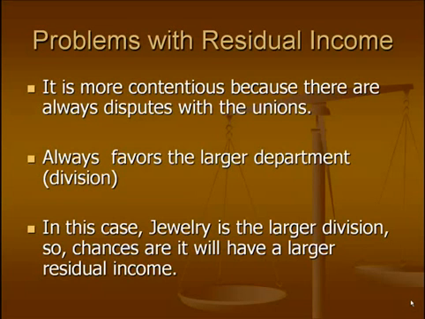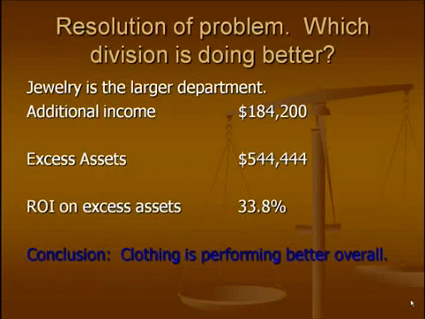Okay, here's one thing you can do. Which is the larger department? Jewelry. So you ask, what's the extra or additional income relative to clothing? It's the profit of jewelry minus profit of the clothing division gives you 184,200.